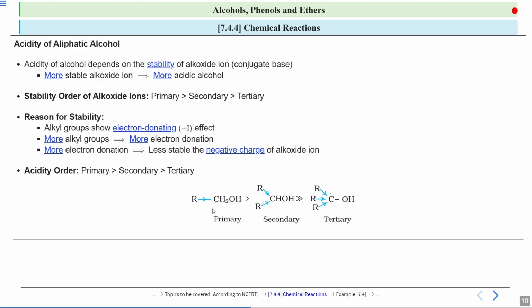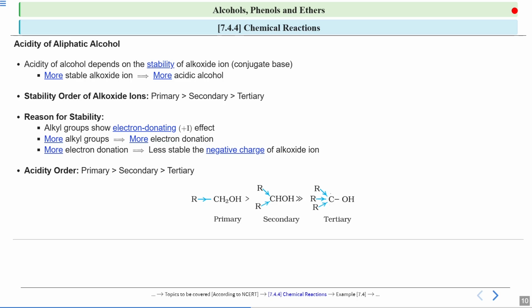That means the primary will be more acidic, then comes the secondary, and the tertiary will be least acidic. Now, why does this happen? All are alcohols, then why is the primary one more acidic and the tertiary one least acidic? This is because of the increasing alkyl groups on secondary and tertiary carbon.